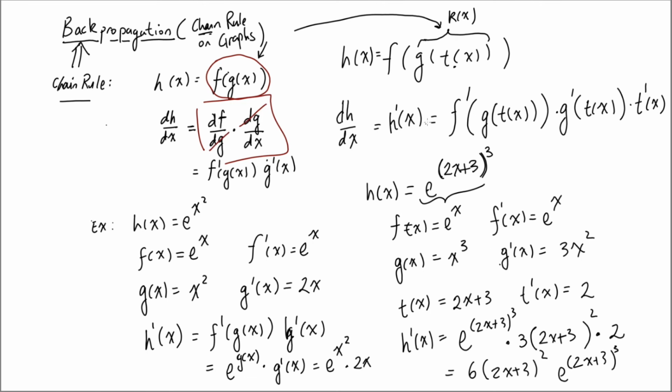Okay, and similarly, what's happening here is we're computing this f of g of t of x. What we're going to do is df of dg, dg of dt, dt of dx. So it's kind of like fractions. The dt's cancel out, the dg's cancel out, and what we're left with is df of dx, which is the derivative of the entire right-hand side.